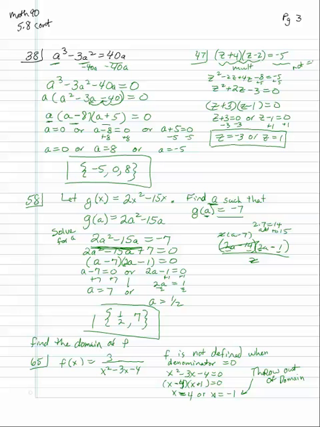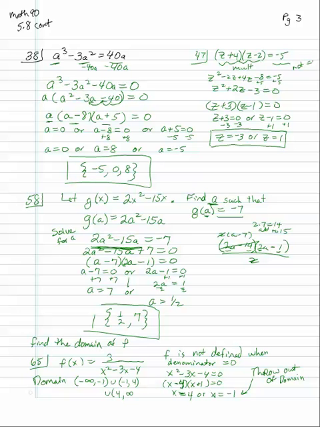So our domain is negative infinity to negative 1, union negative 1 to 4, union 4 to infinity.